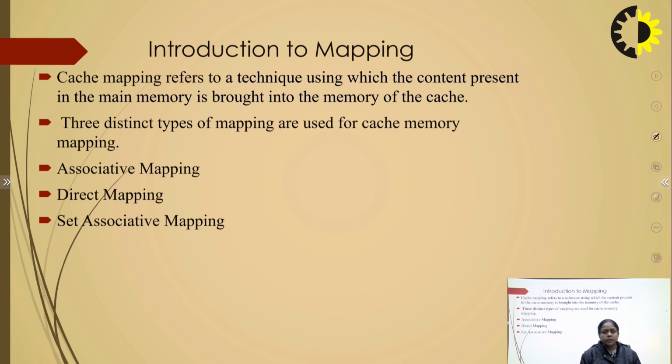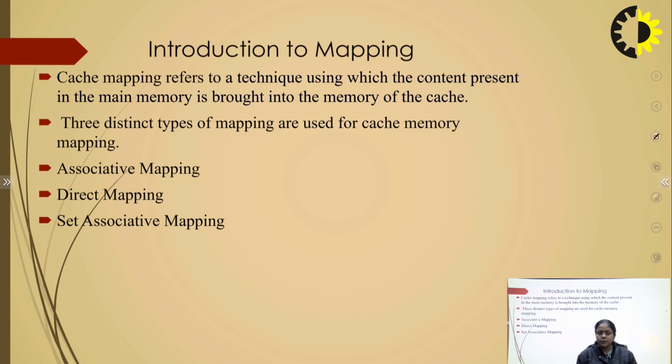But now the data is in the cache, and we are looking for the data in the cache. So we have to find the address of the particular data in the cache memory also. We have to convert the address generated by the CPU, which is the main memory address, into the cache memory address. This is known as a mapping scheme.